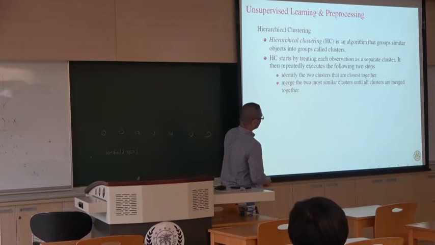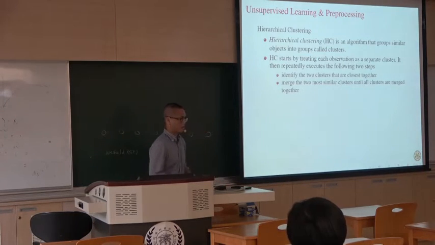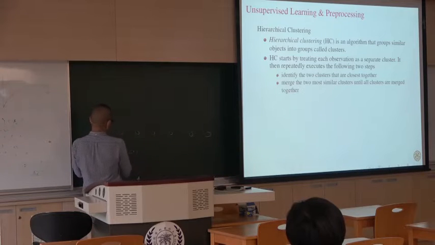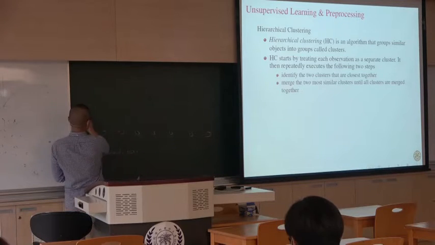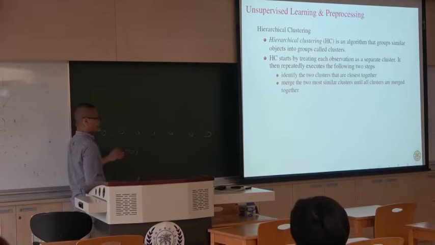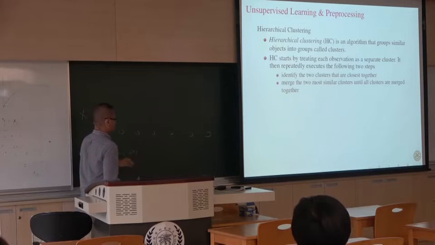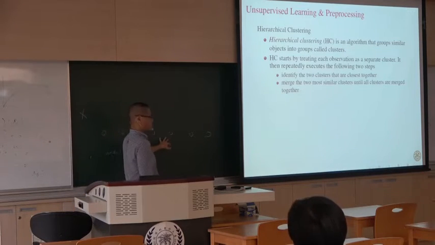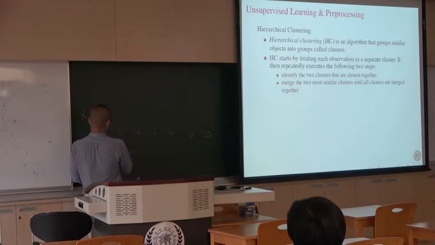It first identifies the two clusters closest together, based on the X variables, the attributes that we supply. The algorithm does that simply by computing their distance. So the algorithm might say, okay, it looks like these two points are closer, so I will group them into one.